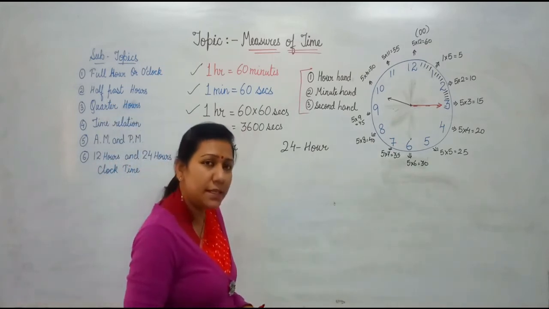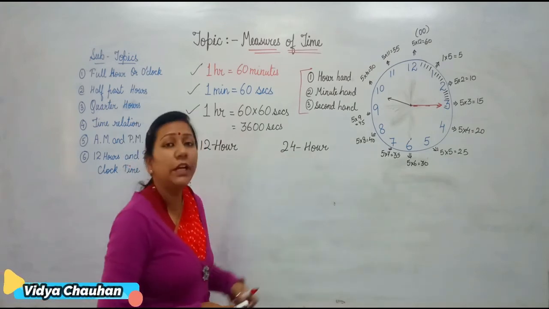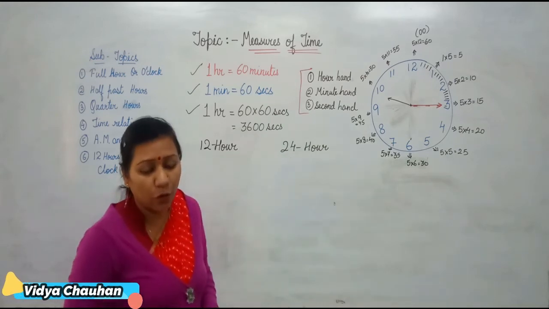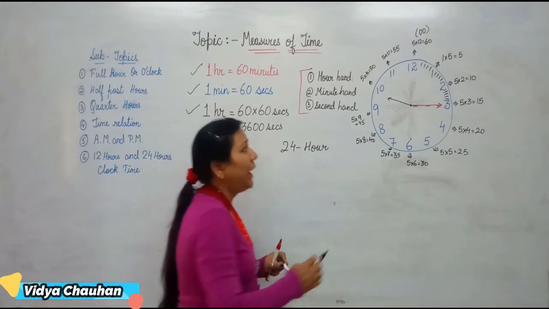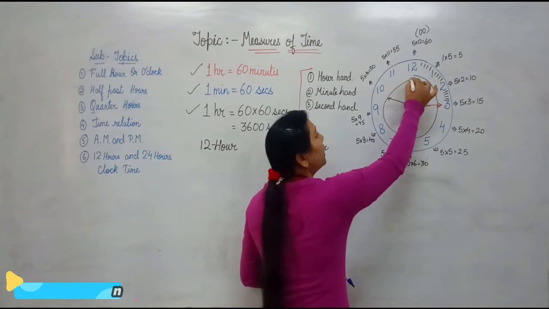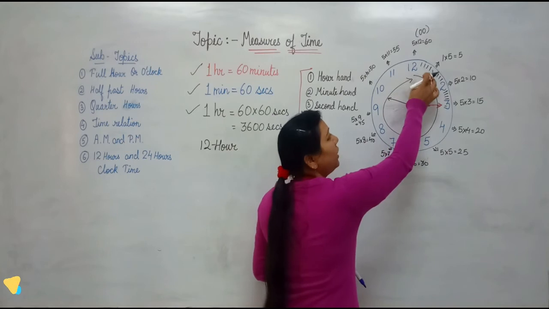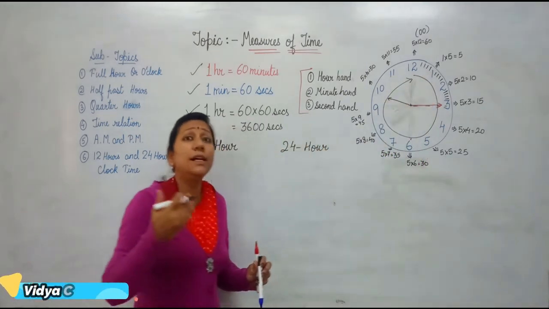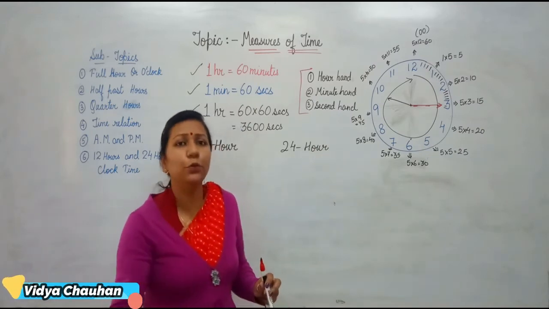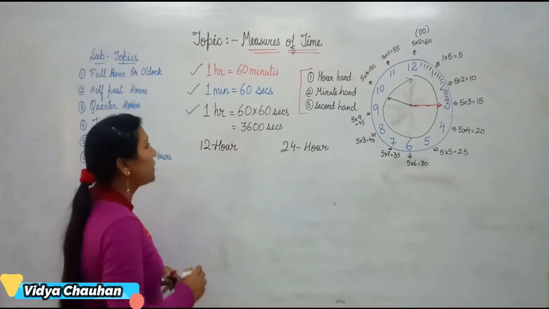But at some places and in some digital clocks, the time is also shown in the 24-hour clock. What is actually the 12-hour and 24-hour clock? In the 12-hour clock, as soon as the hour hand takes a complete round of the clock, from 1 to 12, and after this 12, when it again reaches 1, we call it 1, 2, 3, 4, 5, 6, 7, 8, 9, 10, 11, 12, and after that again 1, 2, 3, 4, 5, 6, 7, 8, 9 and 10.